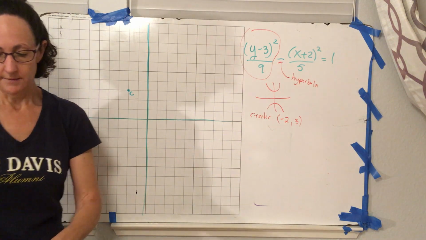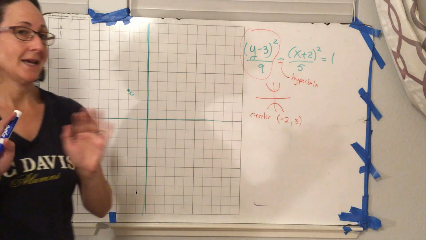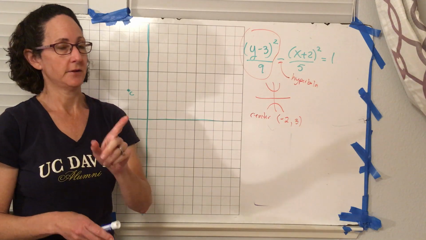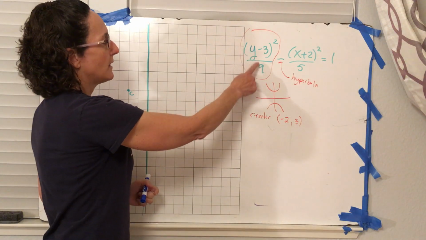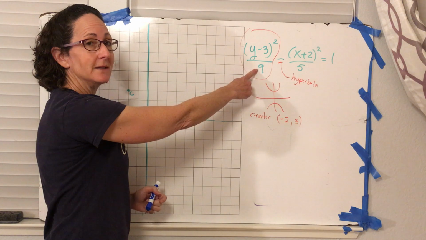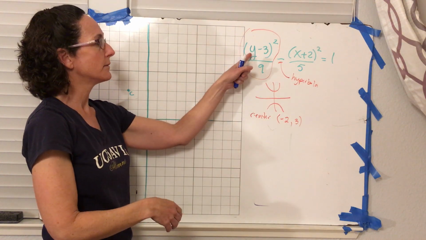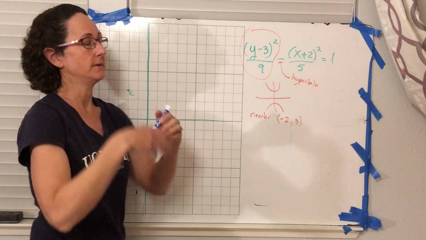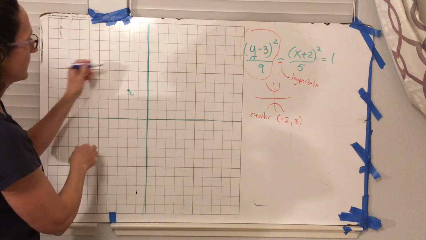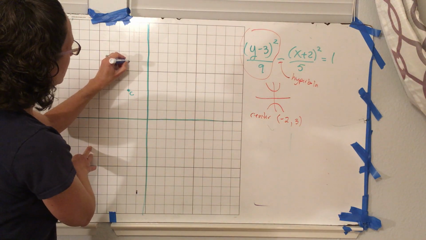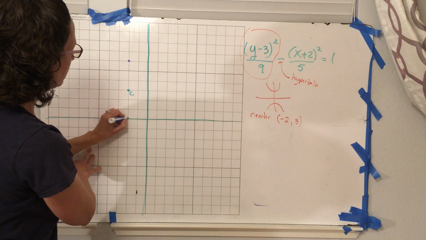Okay, now we're just going to kind of pretend that we're drawing an ellipse, but don't actually draw one. Underneath the y is a 9, which means that we go 3 up and 3 down. Remember, these always correspond to the direction of the variable. So from here, I'm going to go up 3, 1, 2, 3, and down 3, 1, 2, 3.